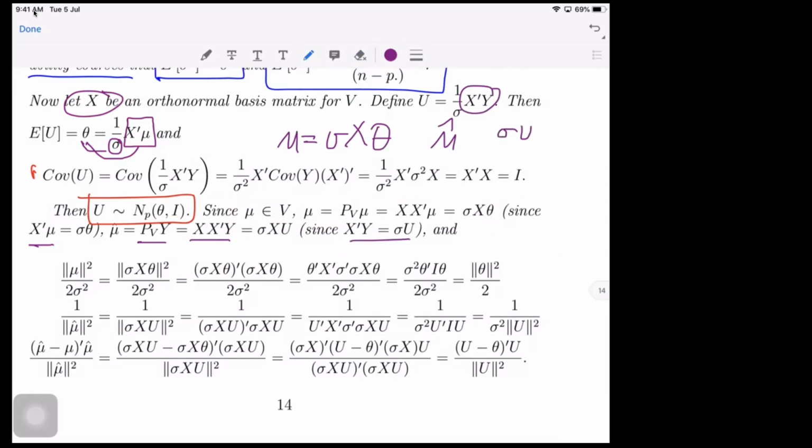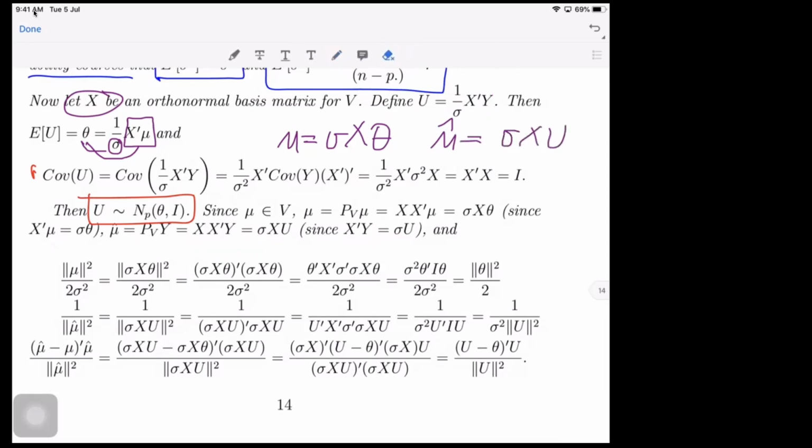So x prime y is sigma u, so this becomes x sigma u, but this is just a constant here, so that's sigma xu. Okay? Are you still with me? Yes, ma'am. So this is sigma xu.